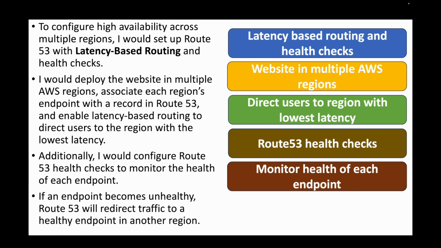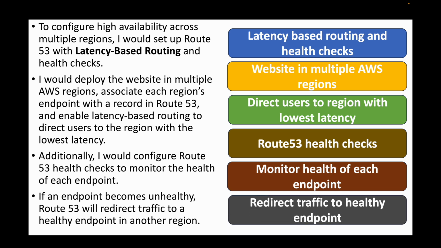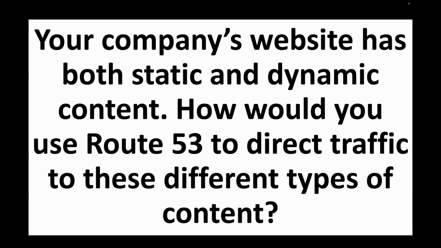That way, your traffic is always sent to the healthy endpoints. So at any point, if any of your endpoints becomes unhealthy, then Route 53 will redirect the traffic to your healthy endpoints, which can be running in a different region. So that's how you can make your application highly available by deploying your application across multiple regions.